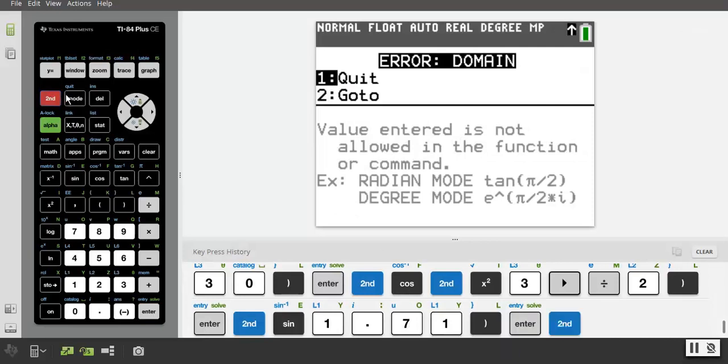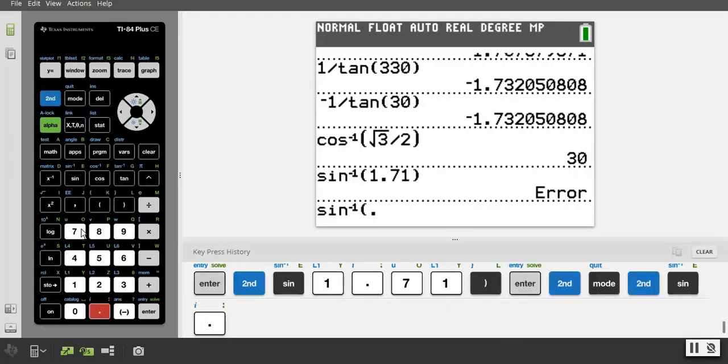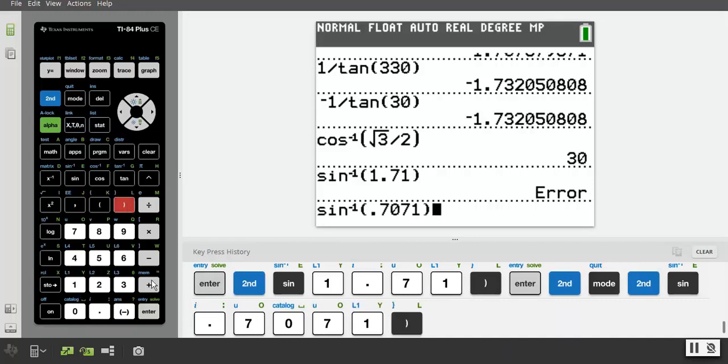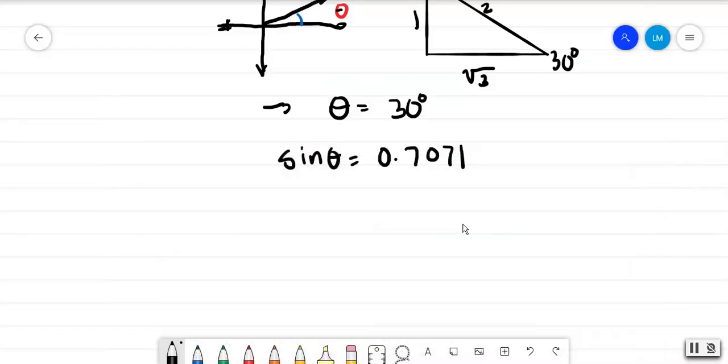So let's go back and try sine inverse of 0.7071, and then we just hit enter. Notice that this is giving me approximately 45 degrees. So what this means is that theta is approximately 45 degrees. So that would be okay in this regard.